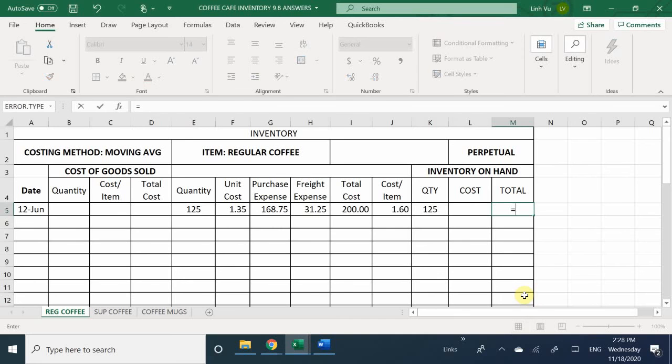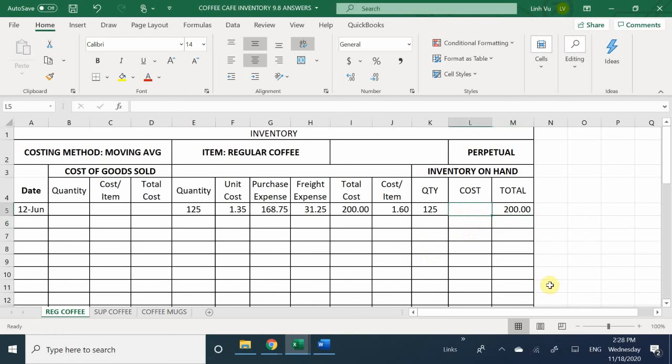200. Remember, because we're using moving average, we need to copy our total cost over, because every time we make a sale or a purchase, we're constantly updating our average cost per item.